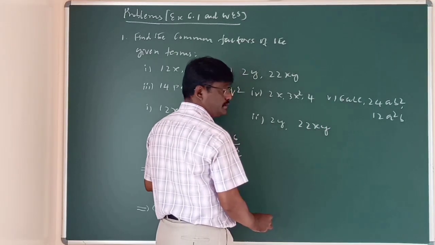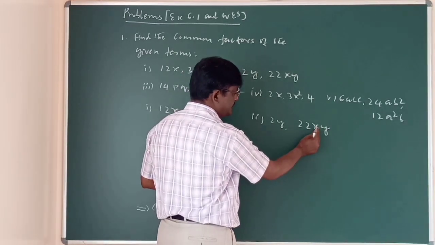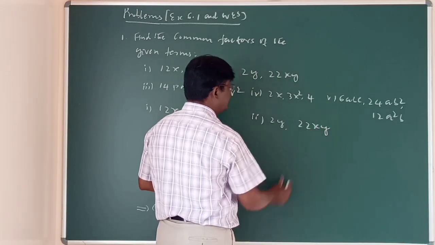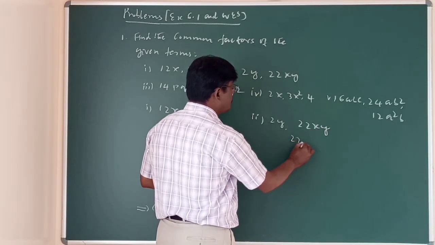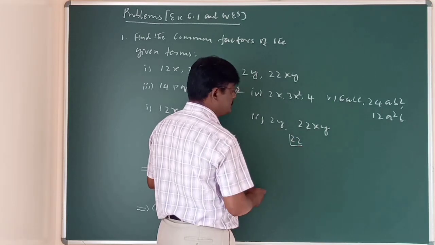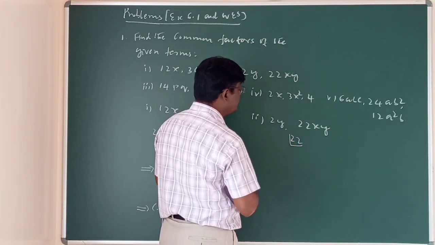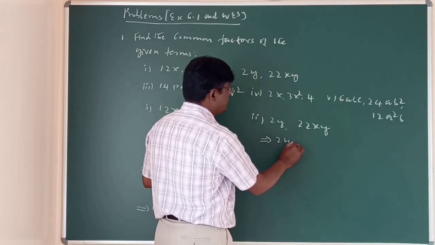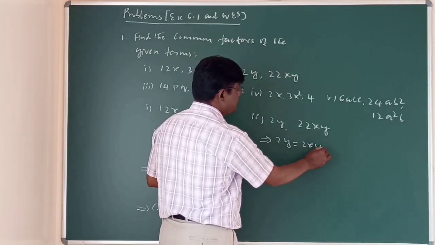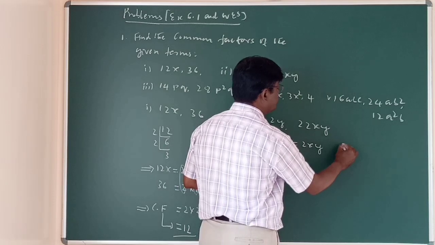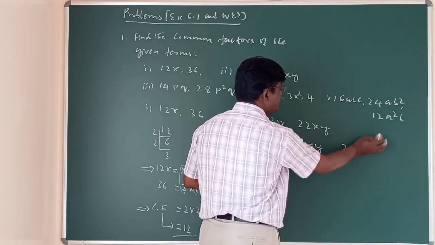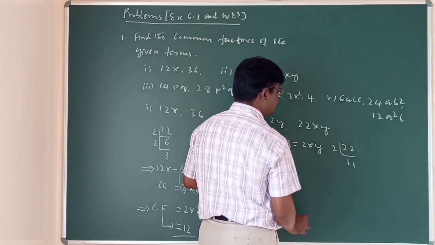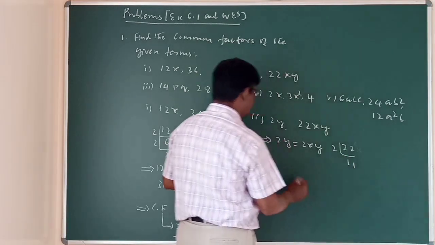22xy. What about x? It is in the irreducible form. Y also. Let us take 22: 2 11s are 22, that's all, no further.